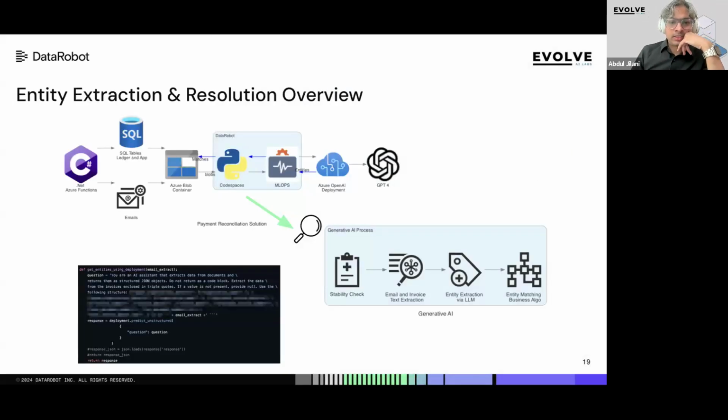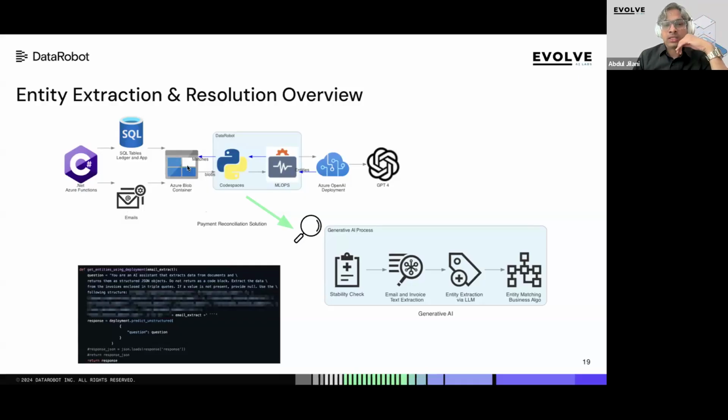Looking at the architecture at a very high level, every day the Azure functions would trigger a data extraction job, which would extract all the transaction ledgers from the bank. It will extract all the application records from the application database. It will then also extract all the emails from the Outlook server, which came in from the customers, and then put them into an Azure blob container.